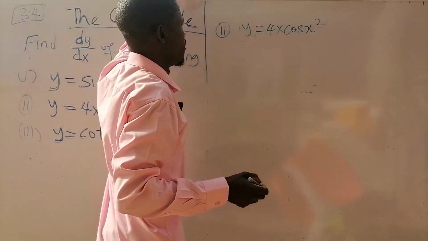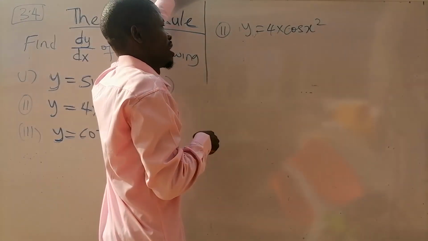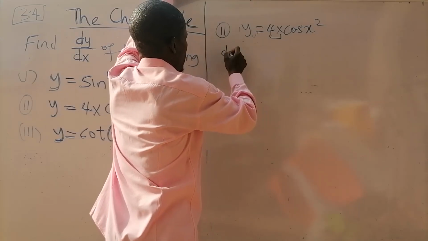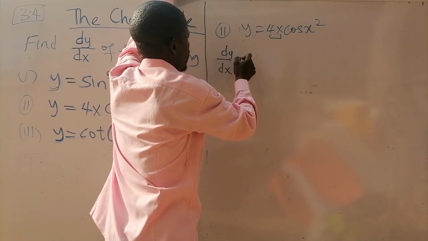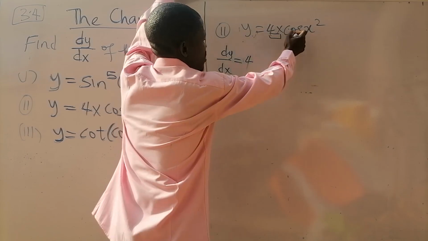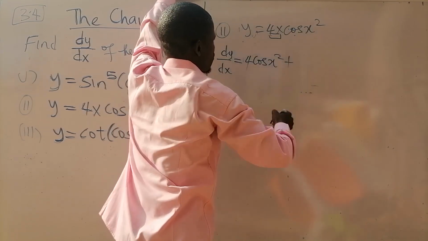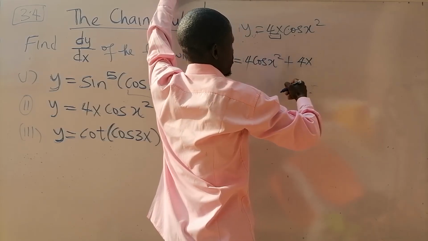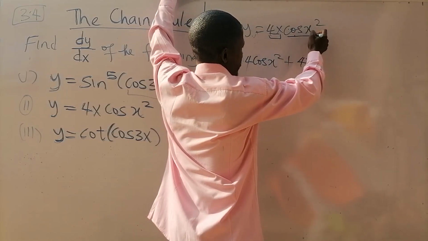This next one is going to involve the product rule and, at the same time, the chain rule. We have two functions here. So dy/dx is going to be equal to, I'm going to differentiate this one, that's 4, and keep this one constant. Then plus, I'm going to keep the 4x as a constant and differentiate this.